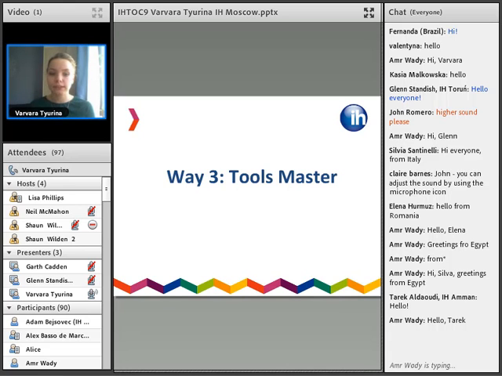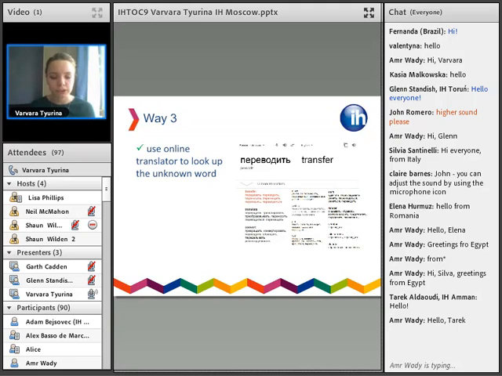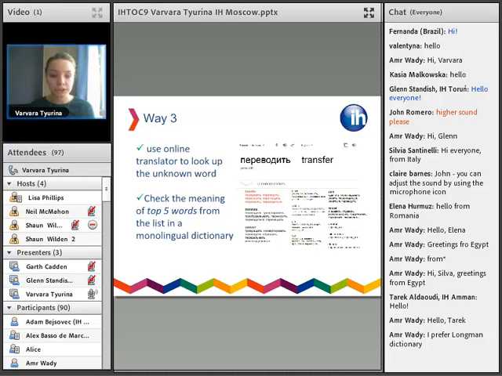So what I suggest is way 3, the so-called tools mix. You use the online translator again, and we look up only the word that we don't know. We get the 10 plus options again, and what we do next is we check the meaning of the top 5 words on the list in a monolingual dictionary.